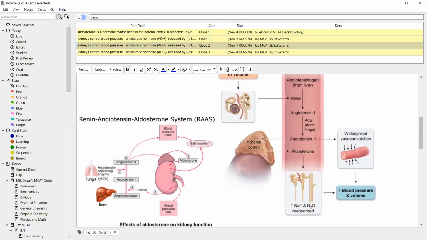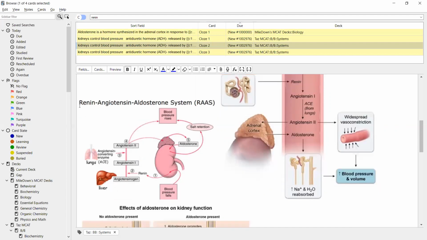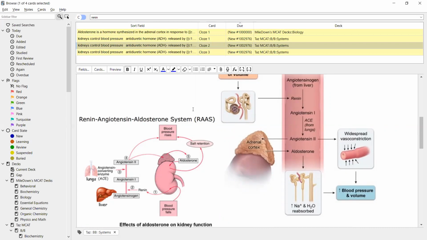So this is the renin-angiotensin-aldosterone system. This is an axis that works. It looks a little complicated, but this is how it works. Let's just follow along. First, let's say there is a situation where the blood pressure has decreased. When the blood pressure decreases, it causes renin to work on all this stuff, which we can talk about a little more later.